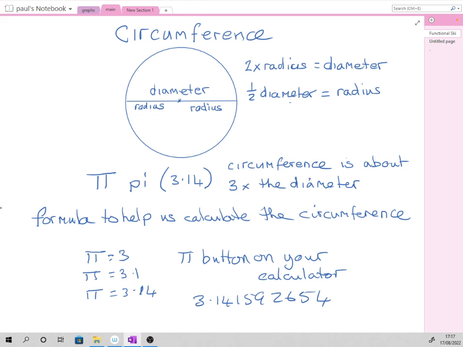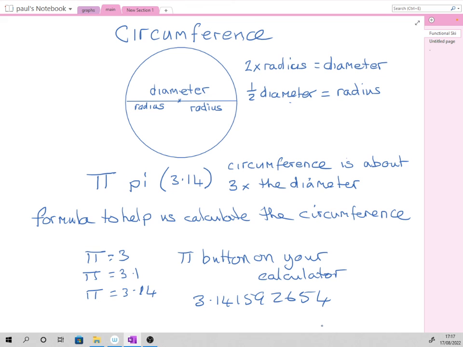So by using the pi button on your calculator, your answer will be much more accurate. That's as far as my calculator can handle, but this number does go on forever. So we'll assume, for these couple of questions, that pi is 3.14.